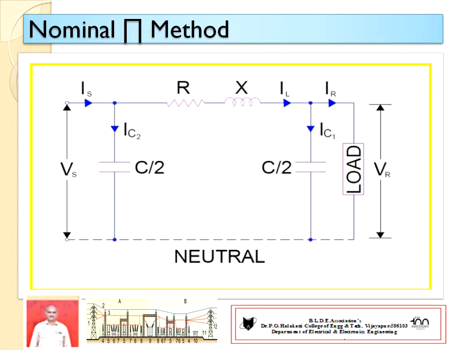IR is the receiving end or load current, and Is is the sending end current. C is the total capacitance of the line per phase; 50% of it, C by 2, is placed nearer to the load side, and the other 50% nearer to the sending end side.